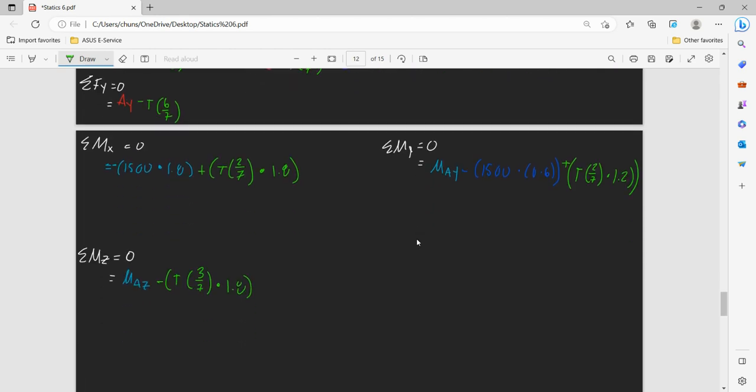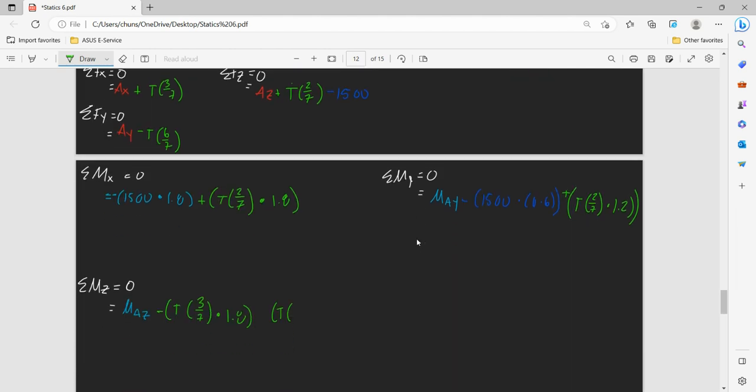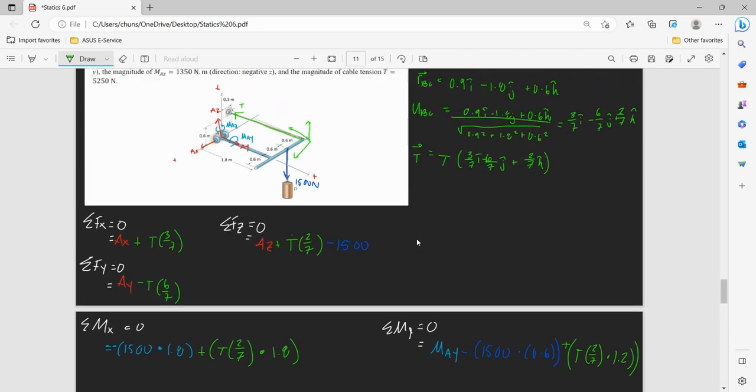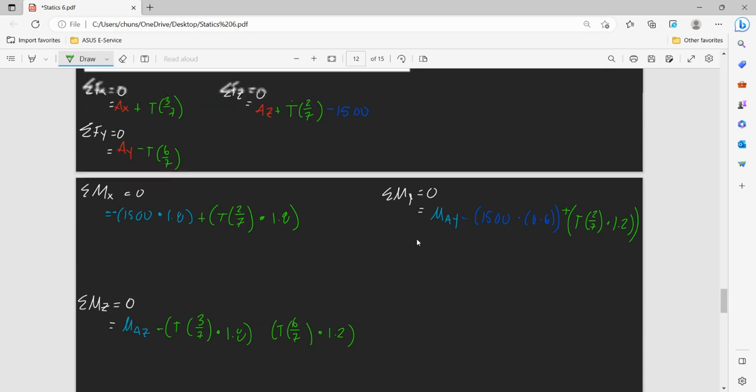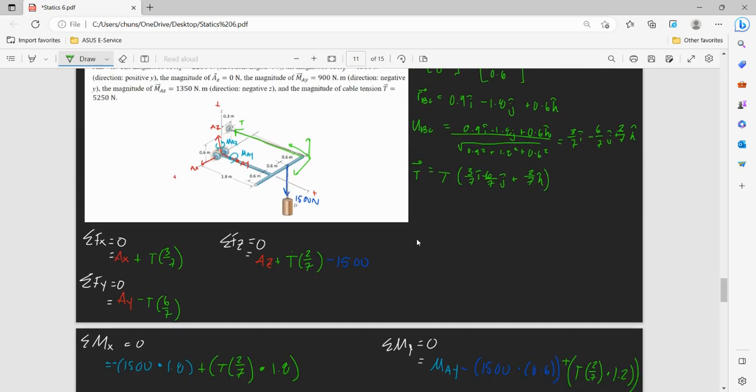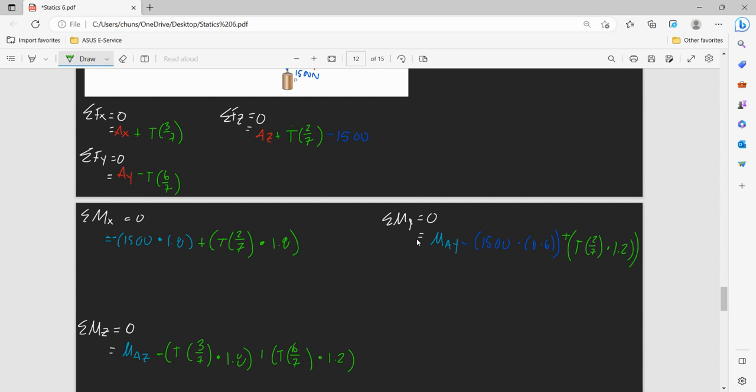And we have our y component for T, so this is T 6 over 7. And this is times, so this is our y component. We want z, so that leaves our x distance. So our x distance is 1.2 meters. And this is in our positive y direction. Sorry, positive z direction.